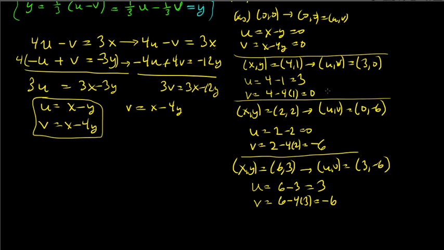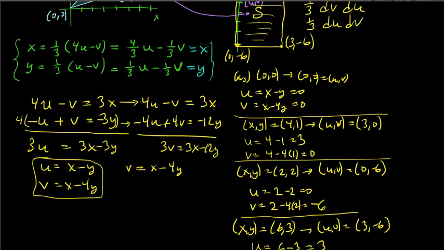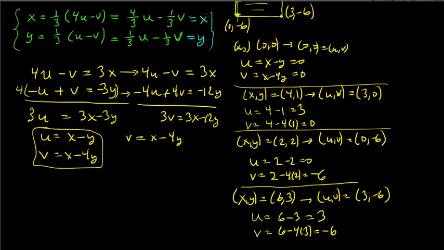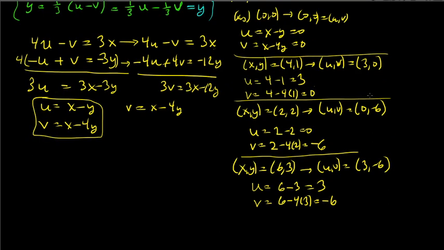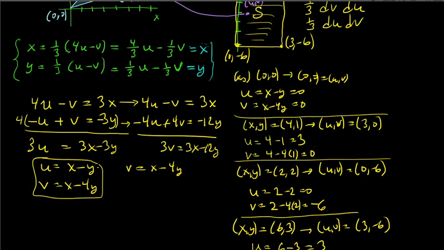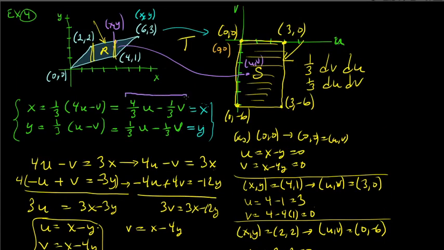And for those of you who have had linear algebra, you recognize this as a linear transformation. Not to get too deep into this, but you can think of performing this transformation from x and y to u and v as just a matrix here, right?